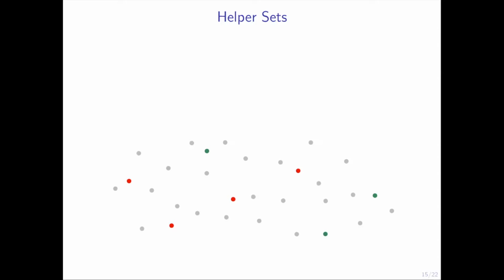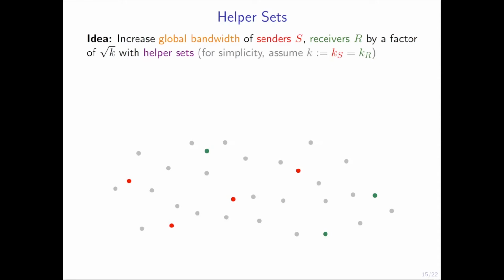Okay, in the next 2 slides, I want to give some intuition how we solve this token routing problem. So for simplicity, let's assume that each sender and receiver need to send and receive roughly the same number of tokens, namely K. So the idea behind this token routing protocol is that we assign each sender and receiver a subset of nodes, which we call the helper sets.